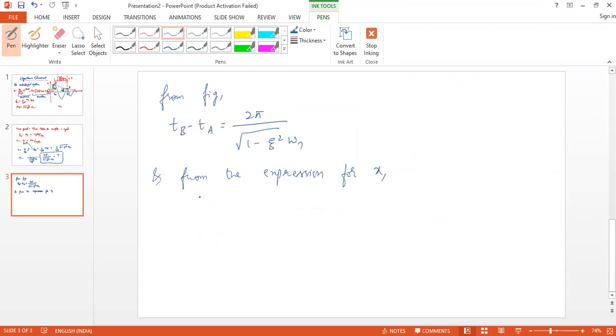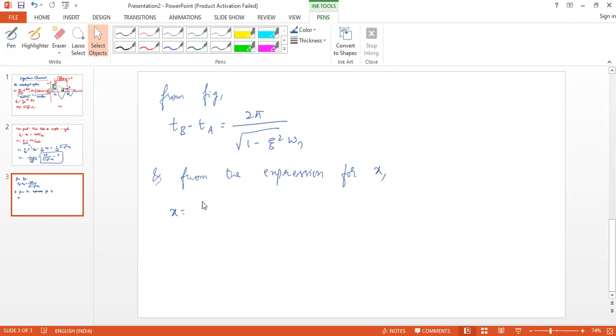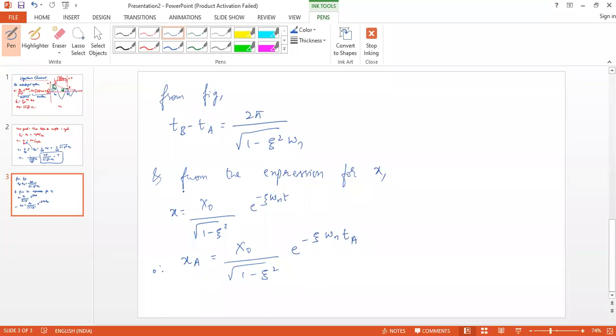So, from the expression, x is equal to x naught by root of 1 minus zeta square into e power minus zeta omega n t. Right? Therefore, XA is equal to x naught divided by root of 1 minus zeta square, e power minus zeta omega n tA.